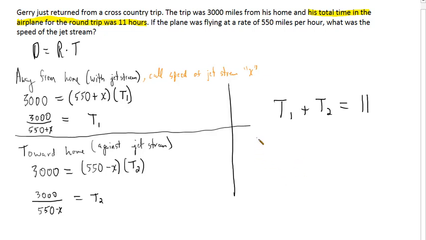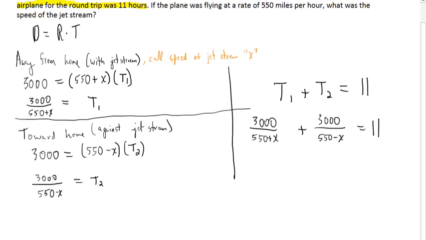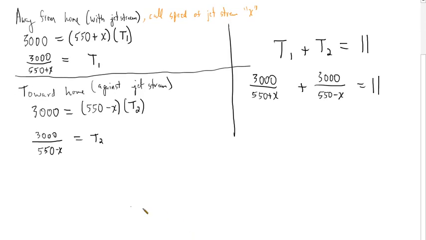And so then t1, 3,000 over 550 plus x, plus t2, 3,000 over 550 minus x, must equal 11. Here's an equation we can use to solve this problem where x is the speed of the jet stream. So let's solve for x.